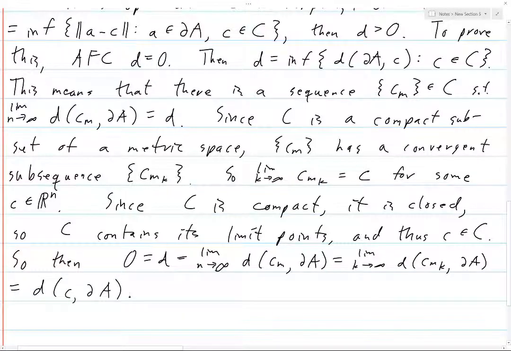All right. So the infimum of ‖c − a‖, where a is in ∂A, this infimum is 0.